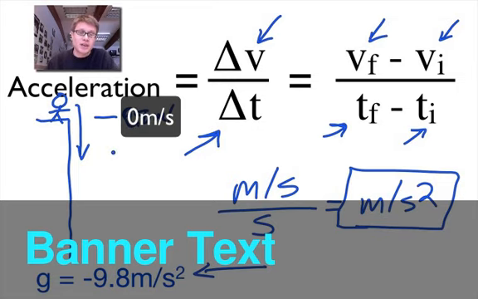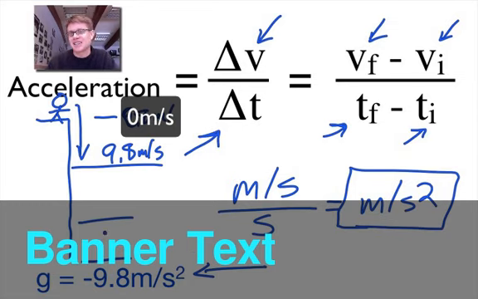But after 1 second, they're going to be going 9.8 meters per second. So if you jump off a cliff, after 1 second, you're roughly going 23 miles an hour. After 2 seconds, you're going 46 miles an hour. After 3 seconds, you're going 68, whatever, miles per hour. And so you're going to go really, really fast, very quickly. And so that's acceleration due to gravity.